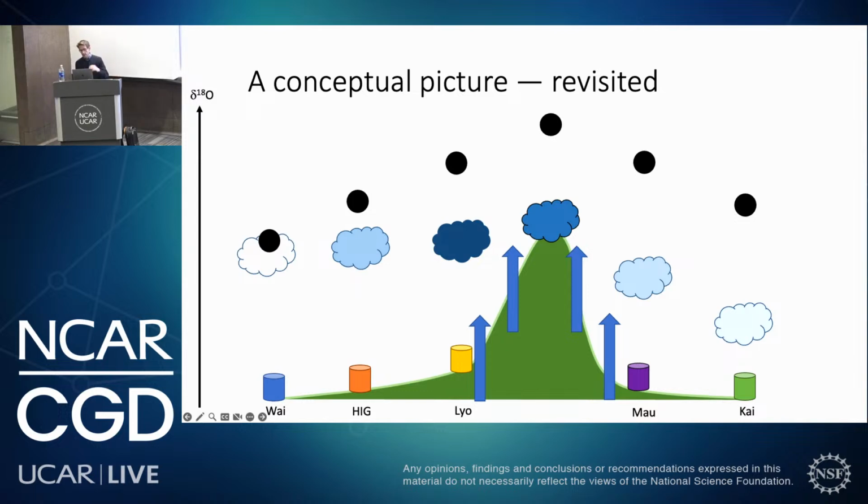And these tend to be more enriched compared to the vapor, and so they can contribute to the progressive enrichment of the water parcel as it travels through the island. So this could be one of the factors that we hypothesize could contribute to this enrichment over the islands.